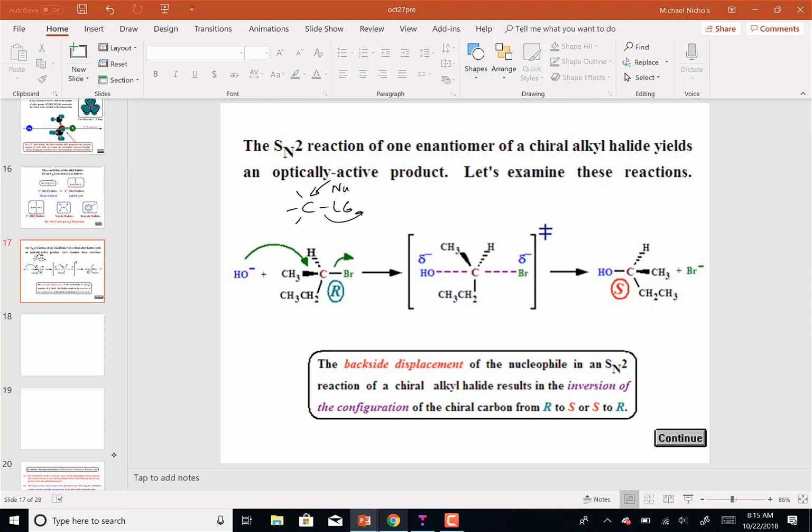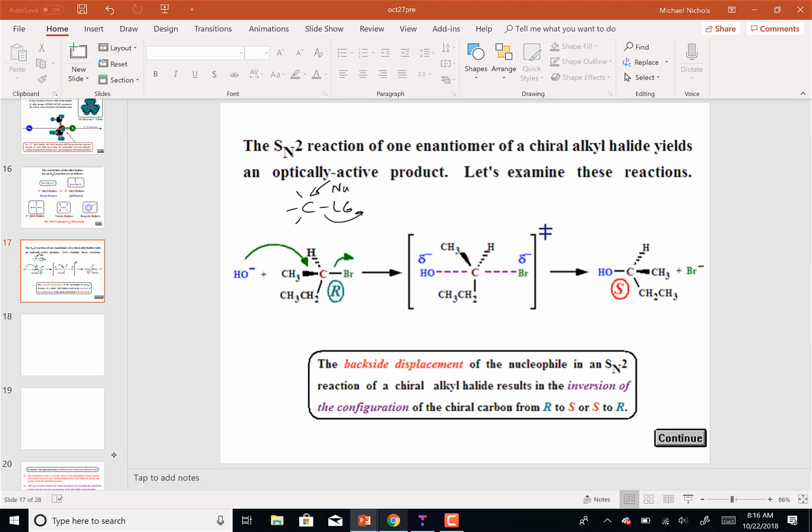Then the question becomes, what happened to the chiral center? Is the chiral center retained as R, or is it inverted, and that's the term we use, as S? And we find out that it's inverted. Now, this is not a trivial experiment to do, because you have to use the pure R of the bromobutane to begin with.